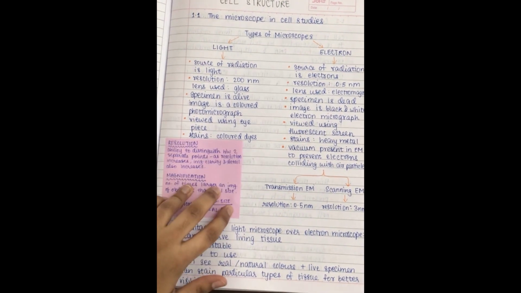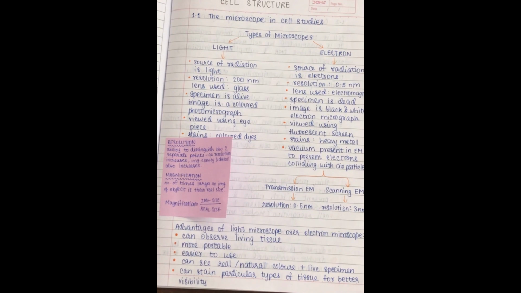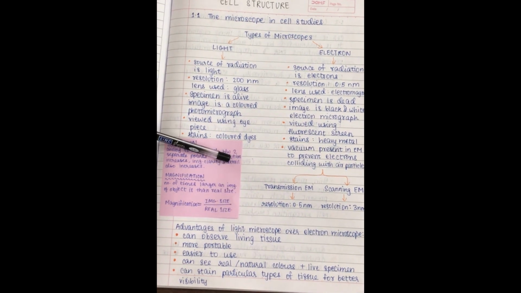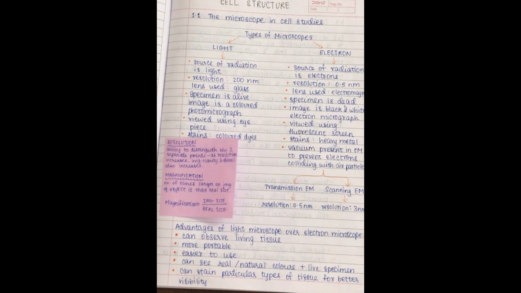Now coming to resolution and magnification. What is the difference? Magnification, a topic which we've even learnt in our IGCSE biology, is the number of times larger an image of an object is than its real size. So it has a formula. Magnification is equal to the size of image divided by the real size.